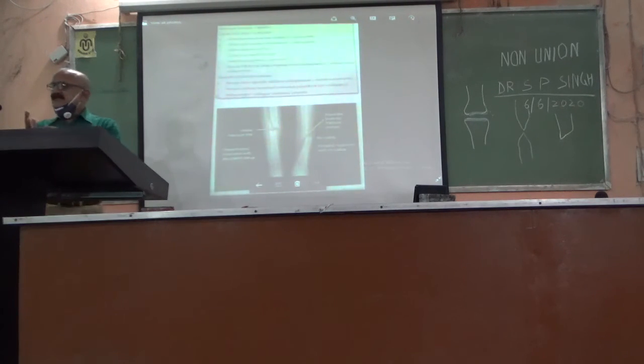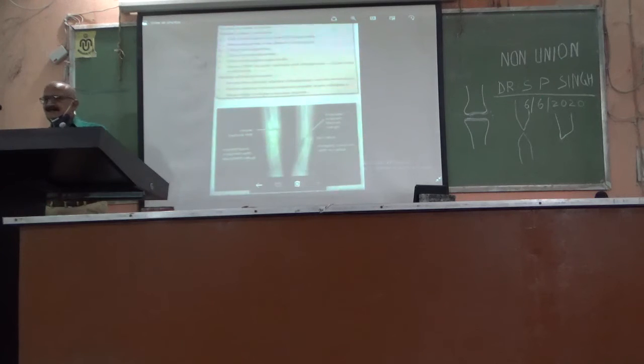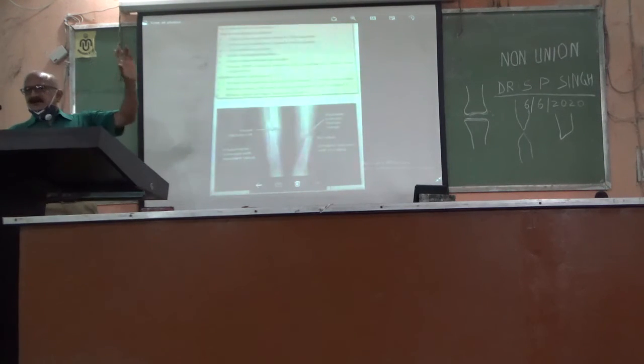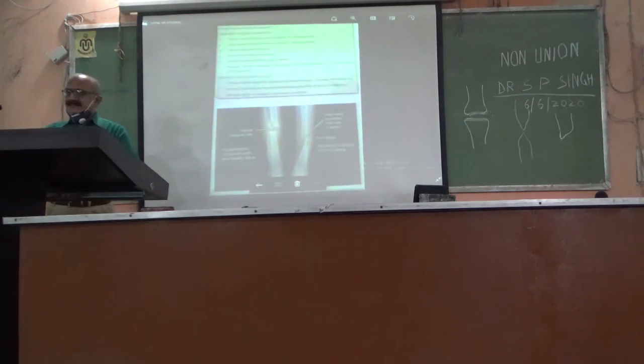And then so first क्या हमने कहा? Open reduction. Second हमने कहा freshening of the edges. Third, effective internal fixation. It must be an effective one. It must be a very long plate, long area on one side and long area on the lower side, or it should be an intramedullary nail.